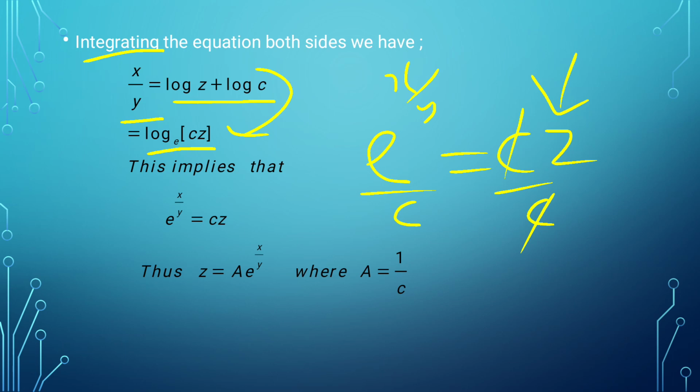If we let a be 1 over c, we'll end up having this kind of equation. That is the solution for our ODE in this case.